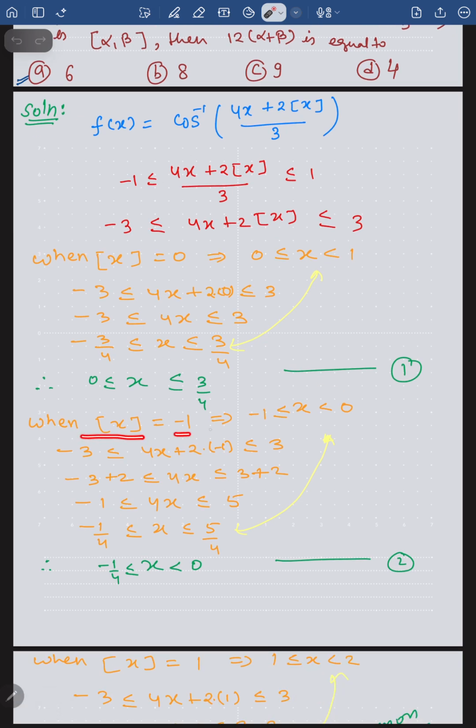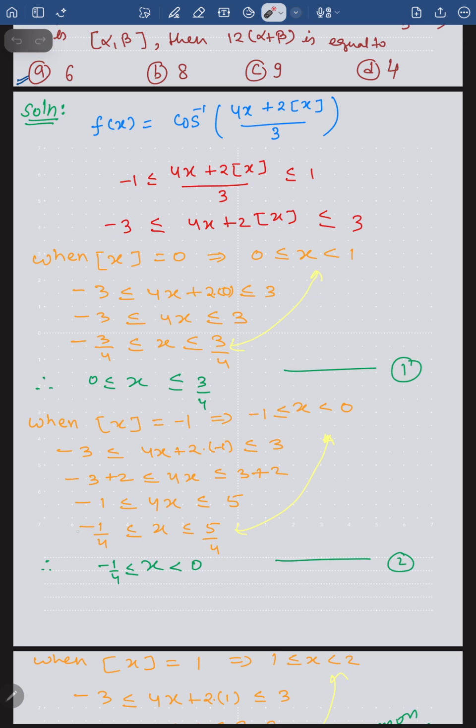Let us check for other greatest integer values. When the greatest integer value is -1, x will lie between -1 and 0, where -1 is included. In that case the expression will have 2 into -1, so this will give you 4x minus 2. To nullify it we add 2 throughout. So -3 plus 2 less than or equal to 4x less than or equal to 3 plus 2, so -1 less than or equal to 4x less than or equal to 5.